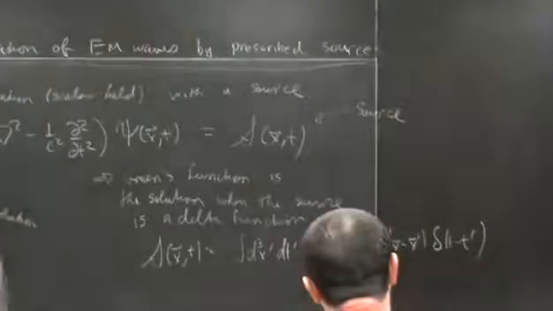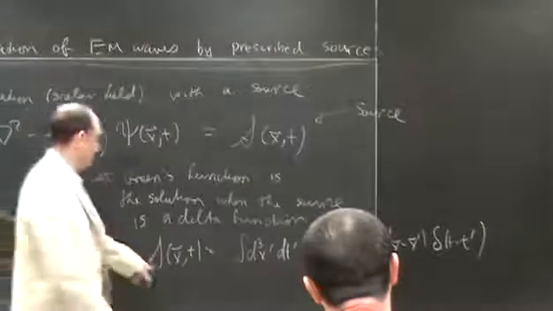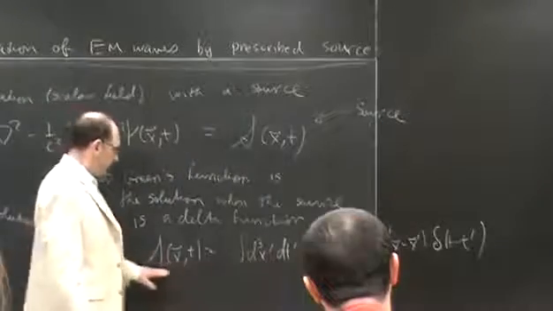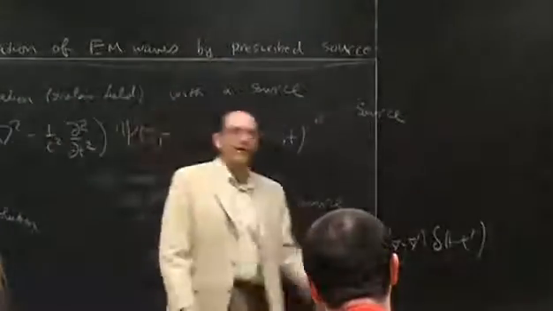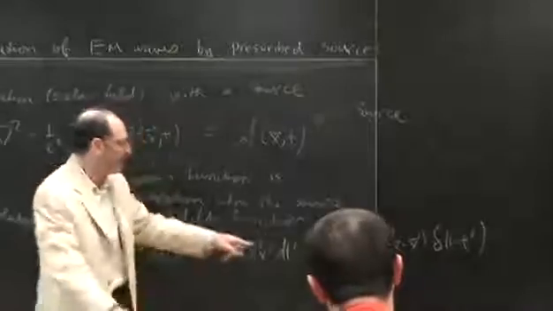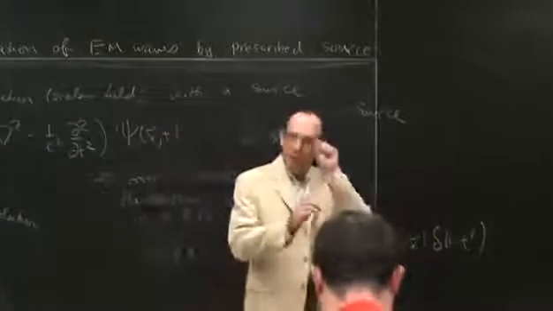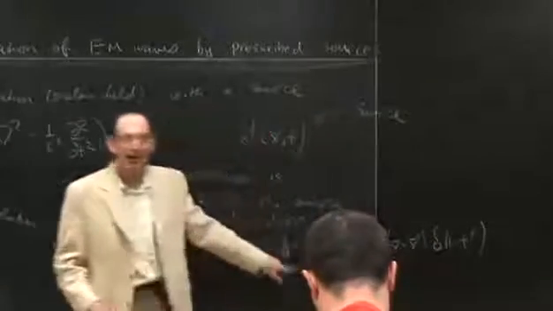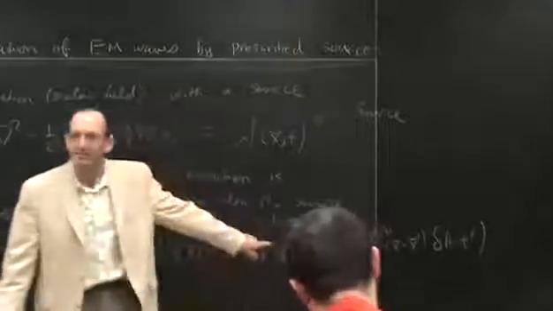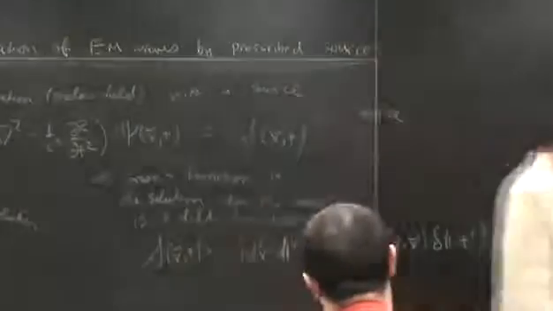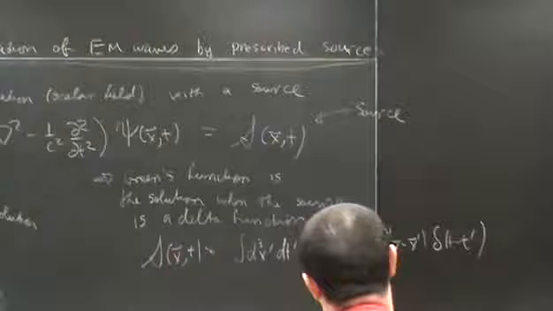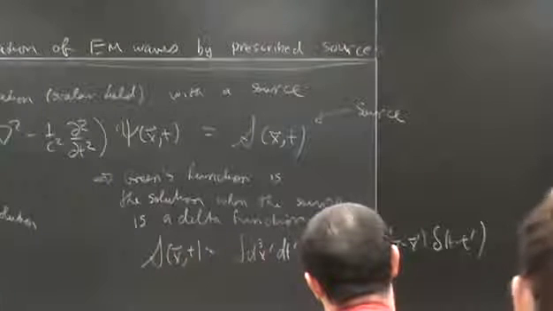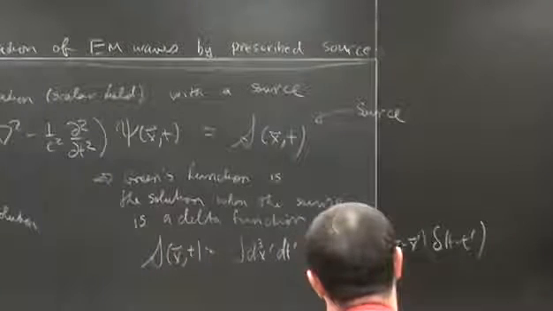Okay? And there we've said that the source itself can be thought of as a superposition of those, weighted by different levels. Okay? So, what is the solution?